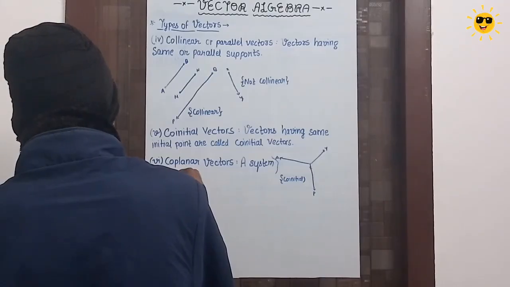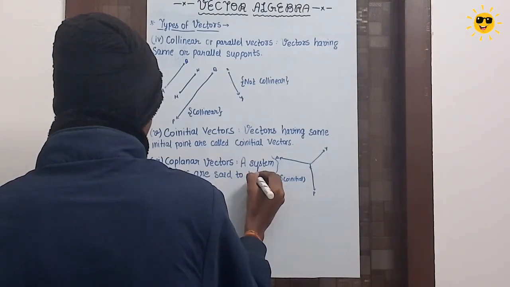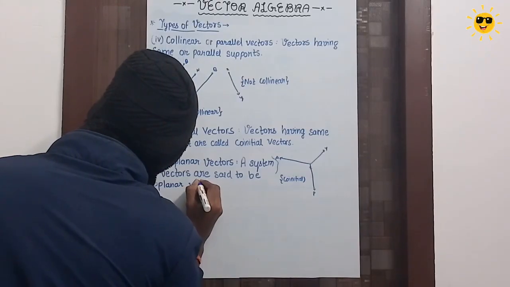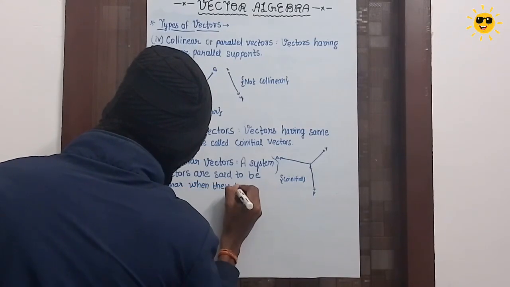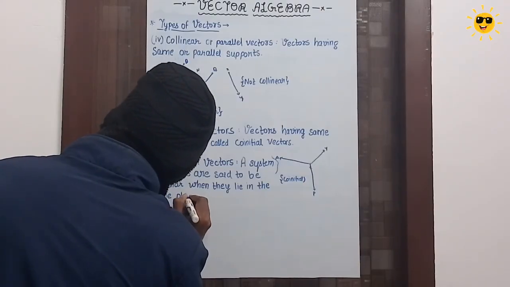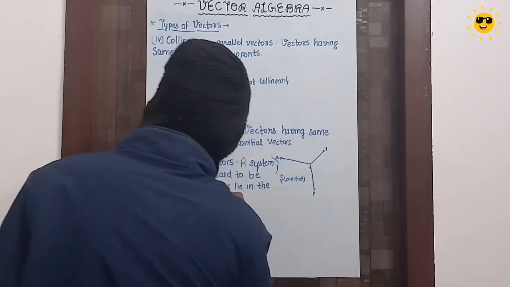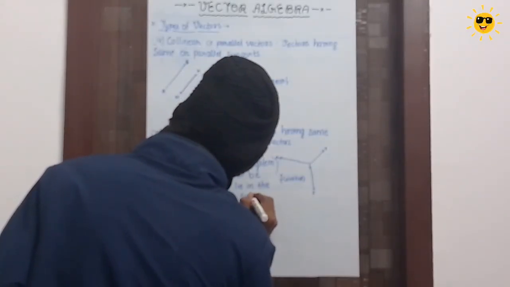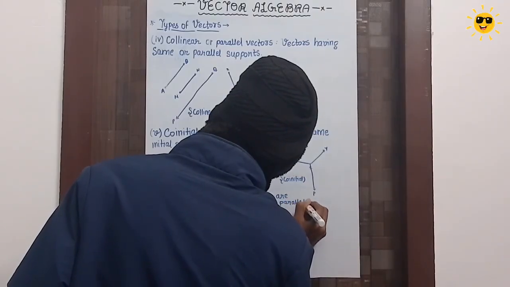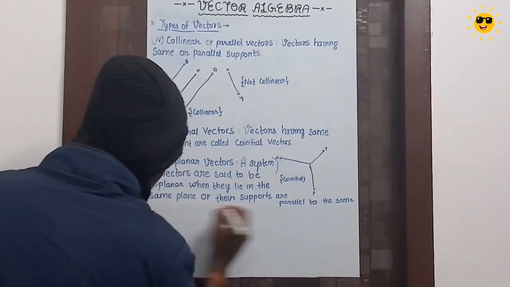A system of vectors is said to be coplanar when they lie in the same plane, or their supports are parallel to the same plane.